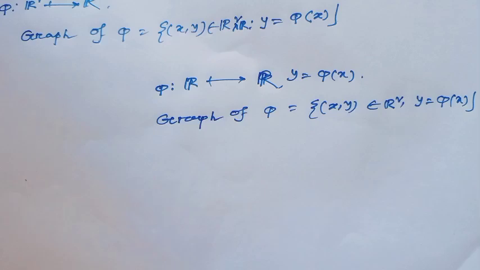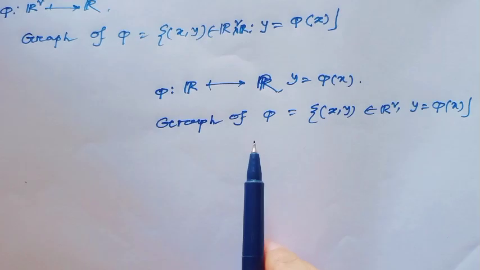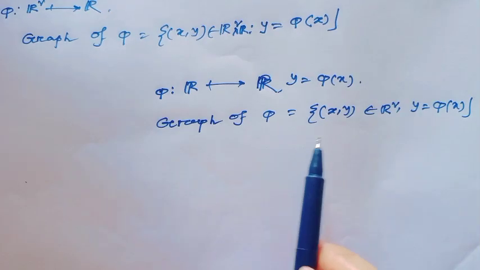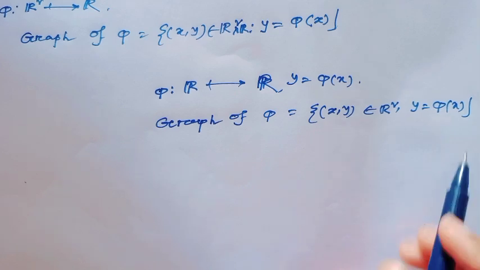First, consider a function phi defined from R to R. Obviously the function would be of the type y equals phi of x. Then the graph of the function would be the set of (x, y) belonging to R2 such that y equals phi of x.